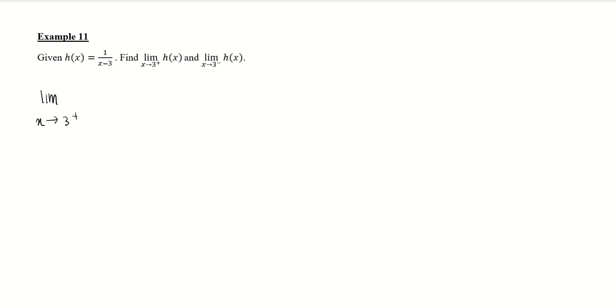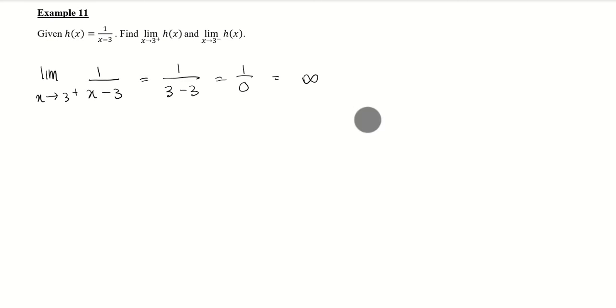The function is 1 over x minus 3. If we substitute directly the value 3, we get 1 over 3 minus 3, which is 1 over 0, and we know that is infinity. But we still need to determine whether this is positive or negative infinity.